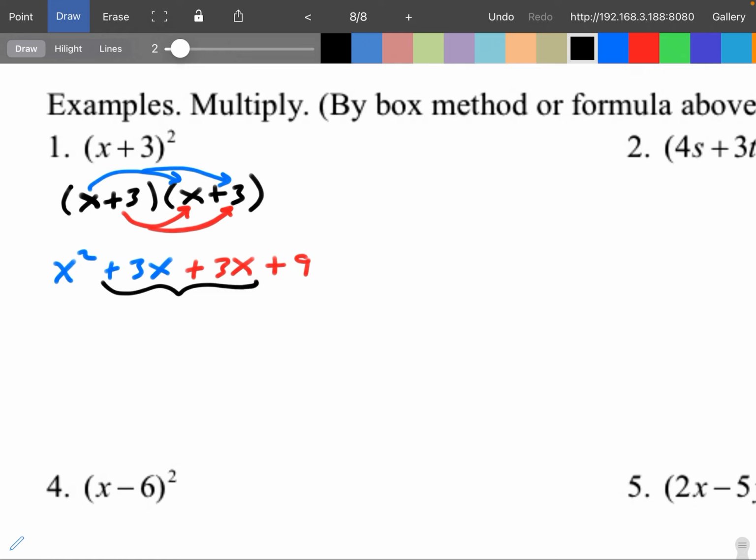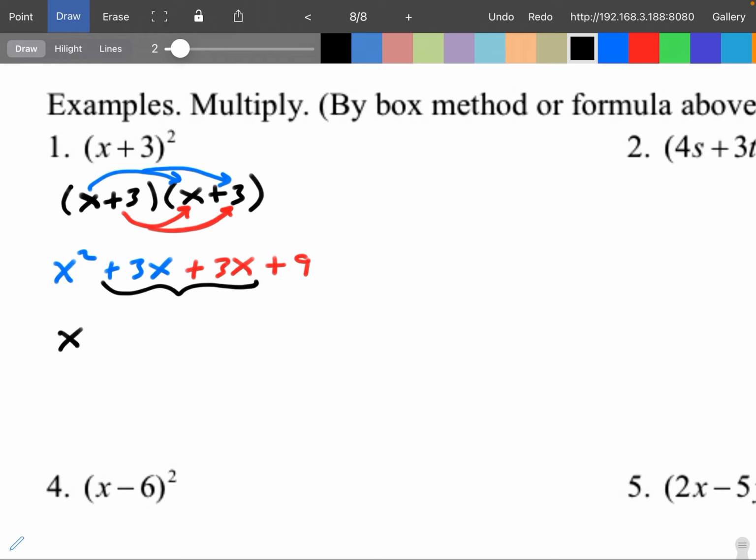And then same thing we did on Wednesday. You can add these two terms in the middle. But do you notice it's the same term, right? It's 3x plus itself. Well, that's going to happen on all of these today, at least the ones where we have the square of a sum like that. Those two terms in the middle are going to be identical.